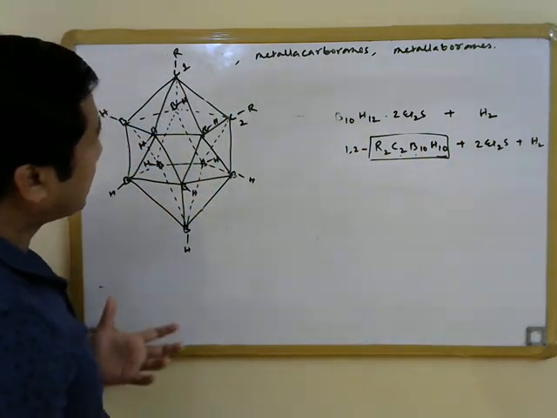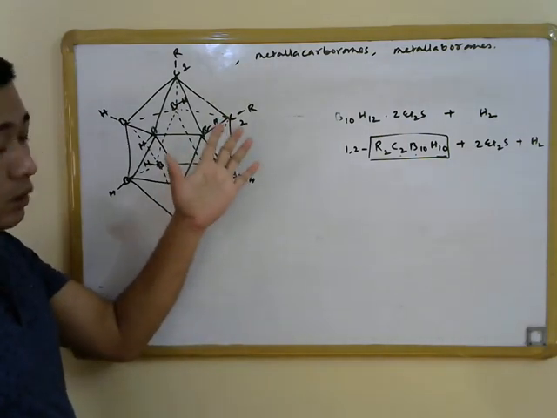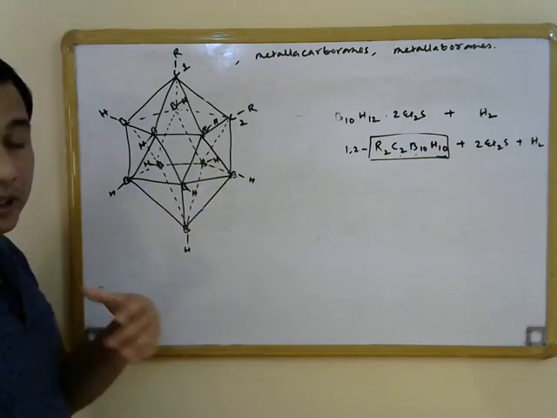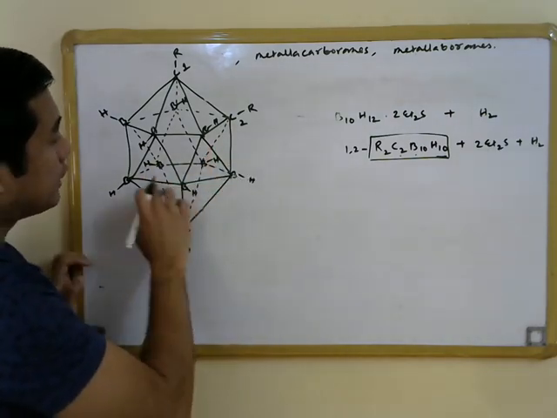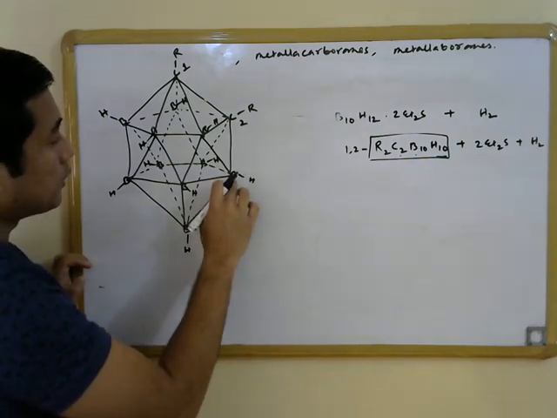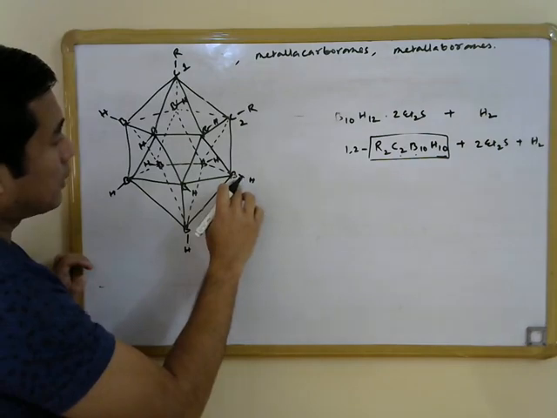Now if we heat it, a reorganization is going to happen, and this carbon center is going to change position, and it can occupy one of these positions over here. So then it is going to be the 1,7 isomer.